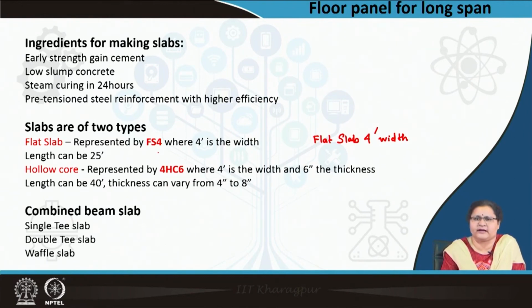So it will not have any hollow core inside it, it is a solid slab. Length can be as large as 25 feet. So you can now understand that we were talking of small spans which was referring to something around 5 feet, and now we can see the system is itself taking 25 feet in one go.